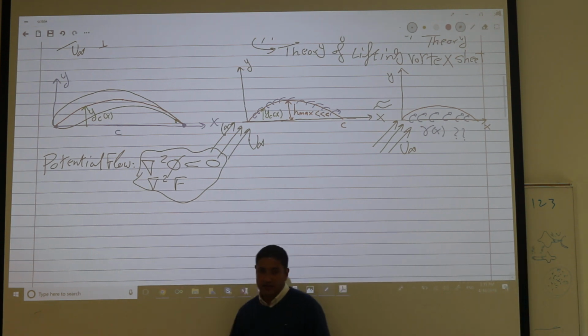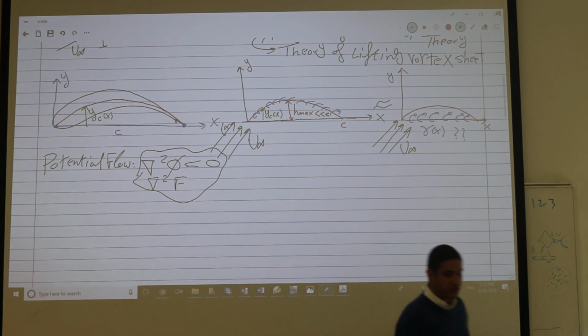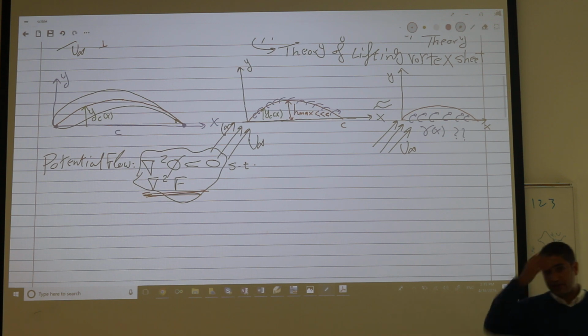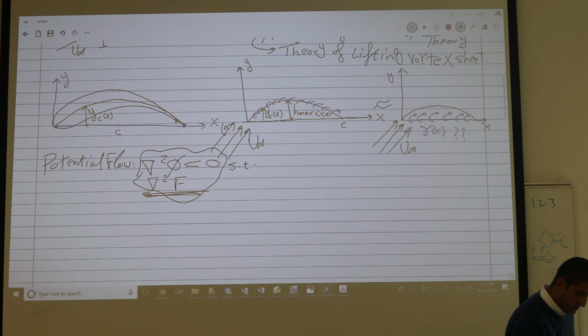But this is a PDE, so you need boundary conditions. So that's subject to what? We discussed this heavily. We did not discuss the boundary condition, but you have seen it before. Subject to the no penetration boundary condition.